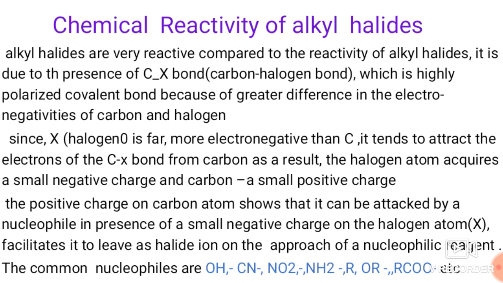Then the carbon atom gets a small positive charge because it is less electronegative than halogen. The positive charge on the carbon atom shows that it can be attacked by a nucleophile, and the small negative charge on the halogen atom facilitates it to leave as a halide ion on the approach of a nucleophilic reagent.